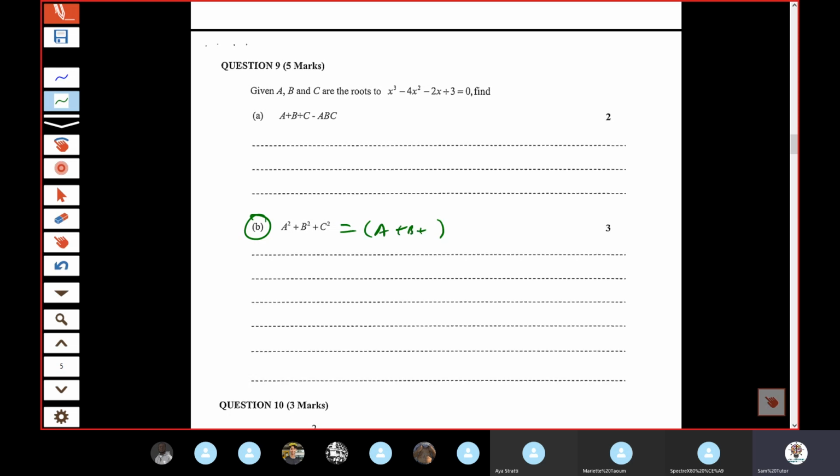A plus B plus C squared minus 2 times, sum of roots two at a time: AB plus AC plus BC. Good work.